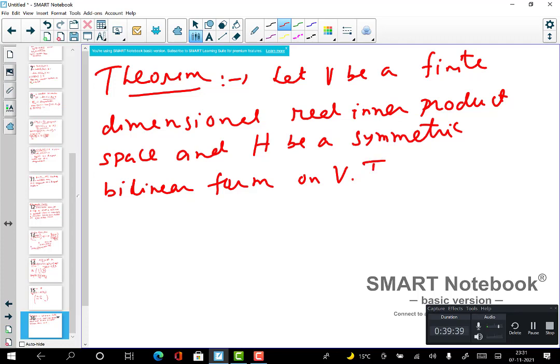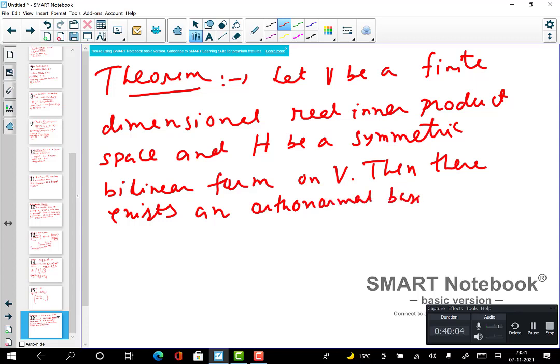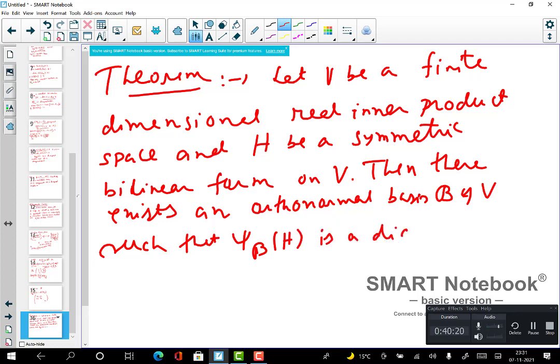Then there exists an orthonormal basis B of V such that the matrix of H with respect to B is a diagonal matrix.